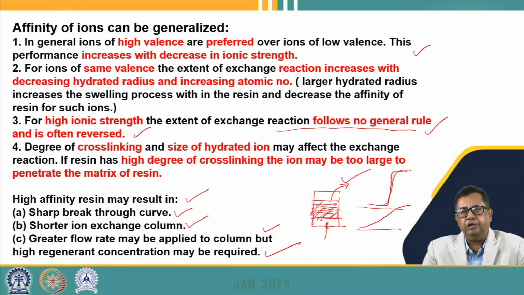So when we try to remove these ions, we may require a very high amount of regenerant, so that we can replace the entire cations or anions which have been exchanged by the resins by ions of interest. For example, if we want to replace them by H plus ions or Na plus ions, then we have to apply a very high concentration of regenerant in comparison to resins which have lower affinity.